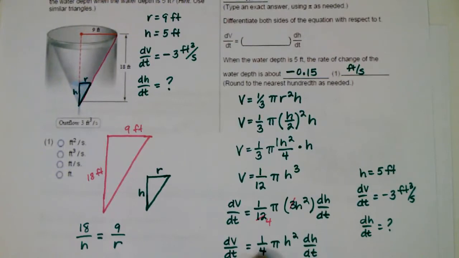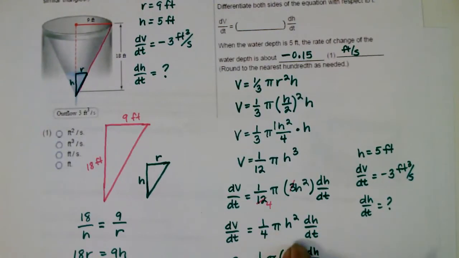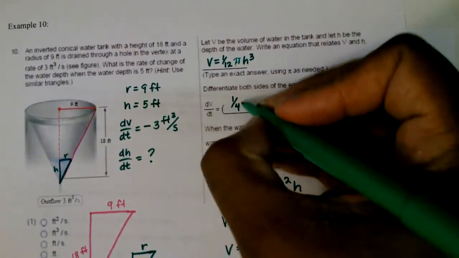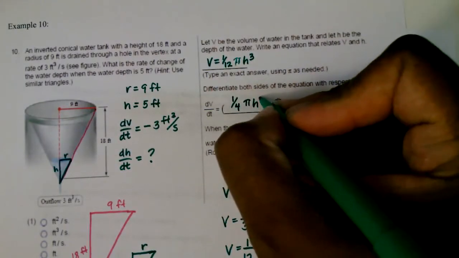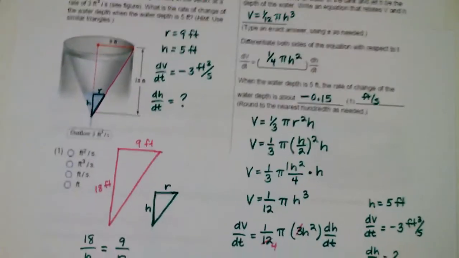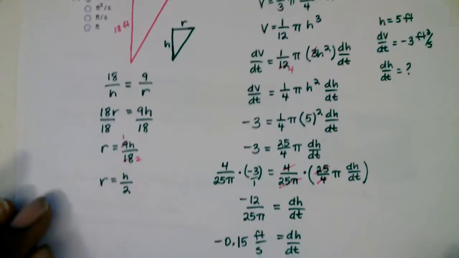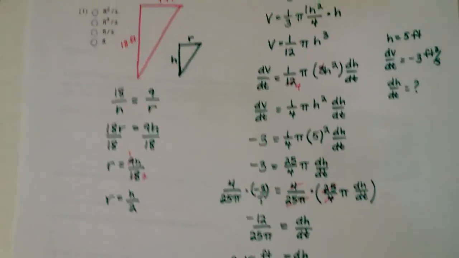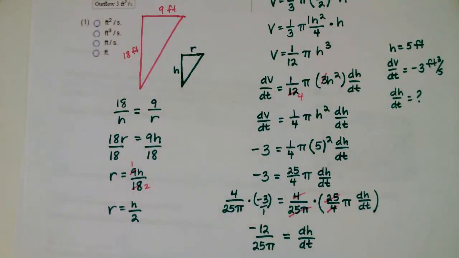And I think I forgot to do something else here. That dv/dt, that's going to be 1/4 pi h squared times dh dt. So let me go ahead and fill that in as well. 1/4 pi times h squared dh dt. Okay. So as you can see here, this is a very long and complicated example I just gave you, where you have to use a concept of similar triangles here in order to do this particular related rate problem.